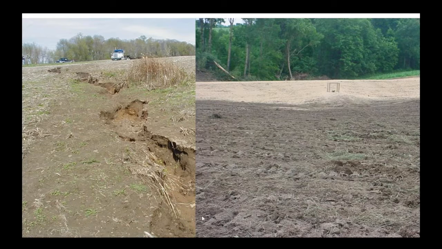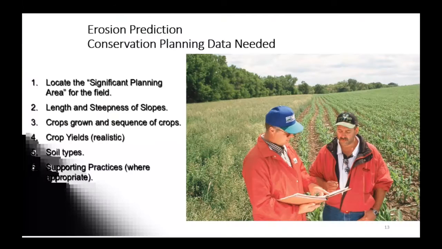So shaping it may not be enough. You may need to stabilize it with a grade stabilization structure, something that actually controls the end so that grade is under control. So these are the results of conservation planning, but we always have to look above it to see what's causing it and what exactly is going on out there.